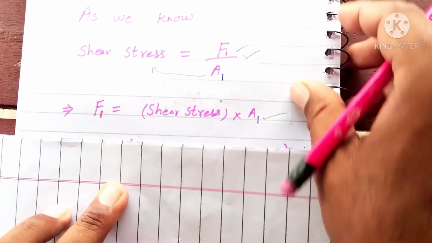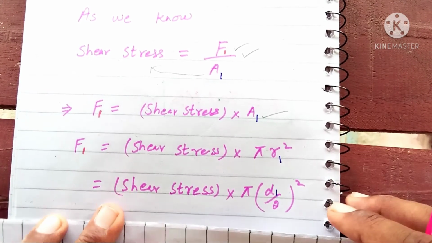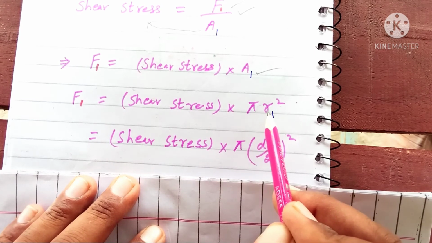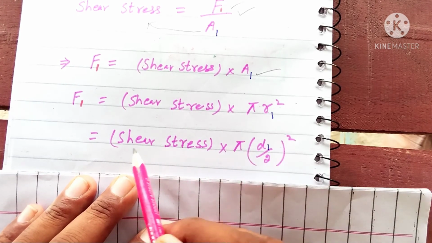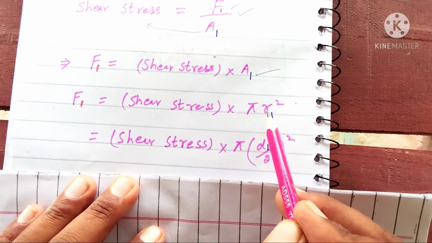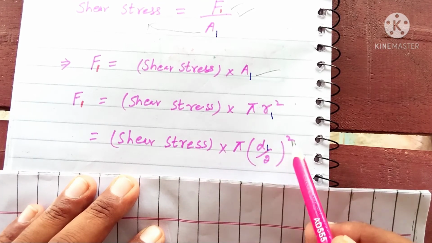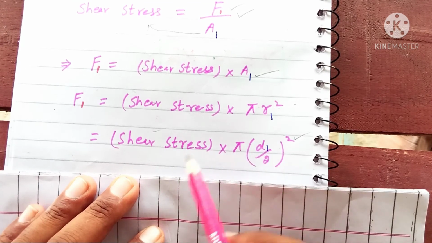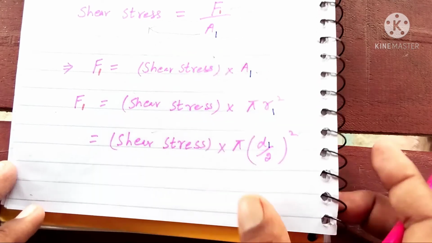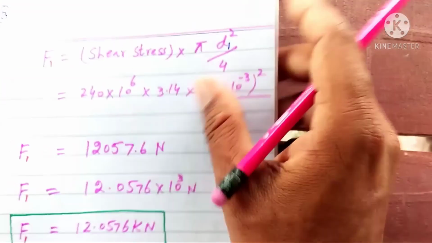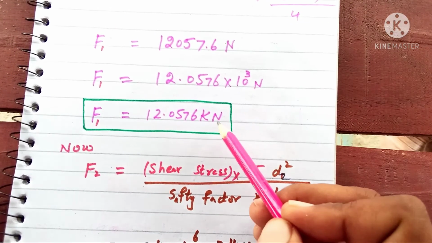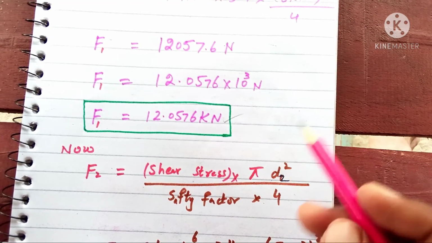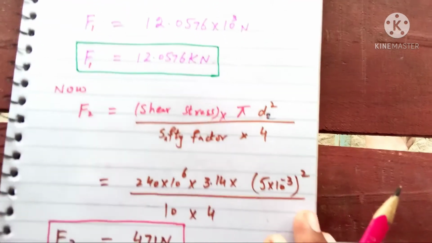After this, we put the value of A. F1 is equal to shear stress into pi r1 square, and the value of r1 is d1 by 2, squared. So putting the values of shear stress and pi d, we have the value of F, which is equal to 12.057 kilonewton. After that, we have to find F2.